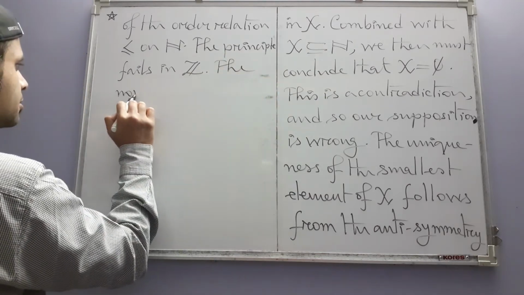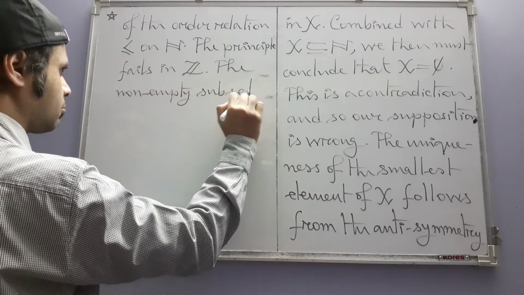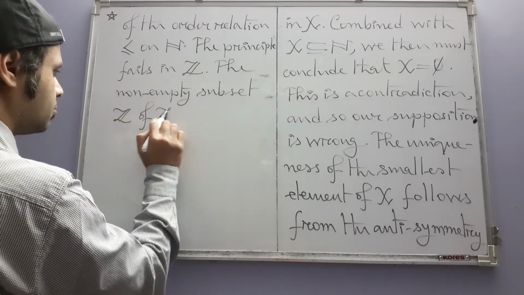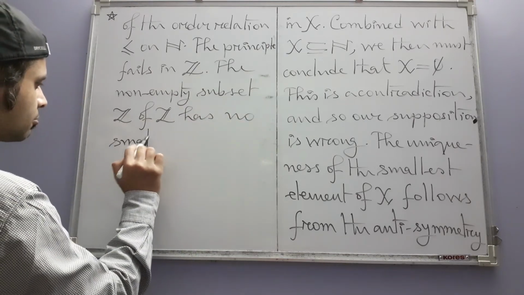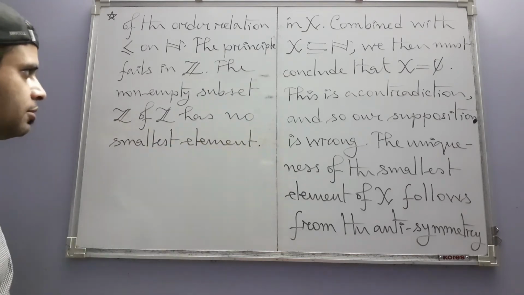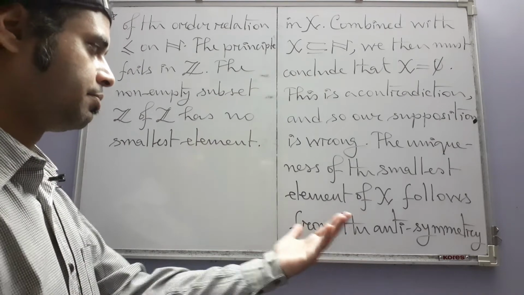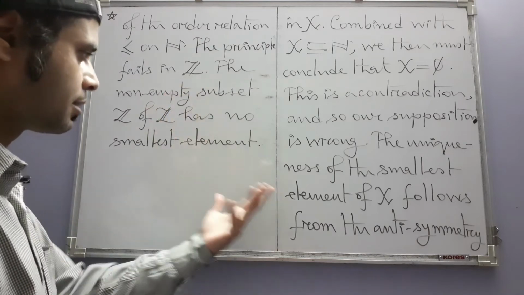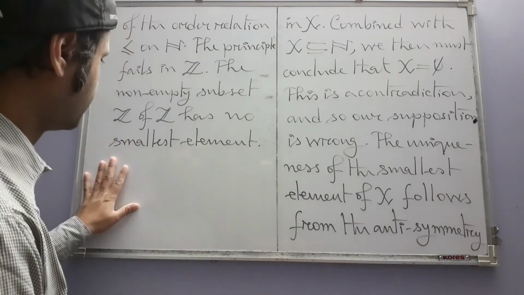The non-empty subset, which is Z itself, has no smallest element. We are just simply using the fact that if we move to the left of the number line, then Z is not bounded on that side by anything.